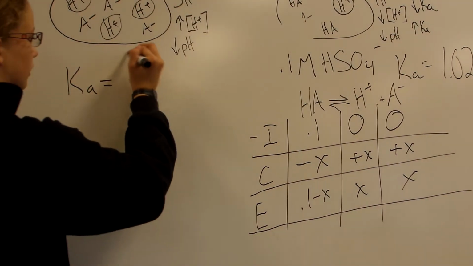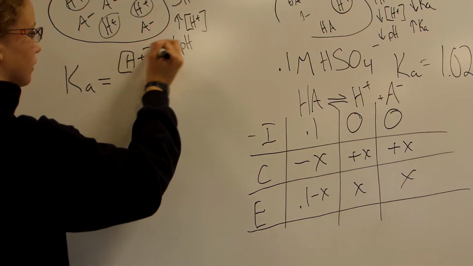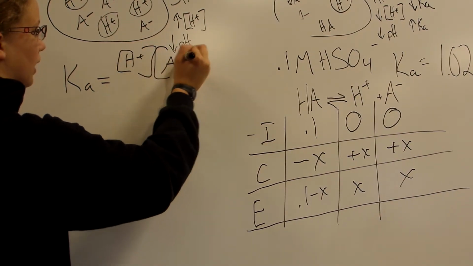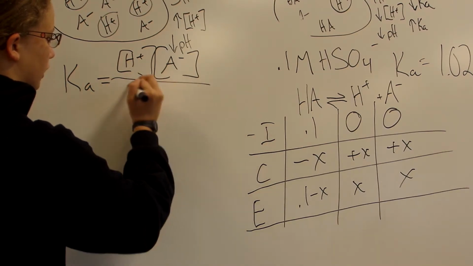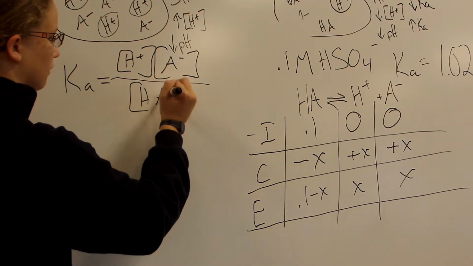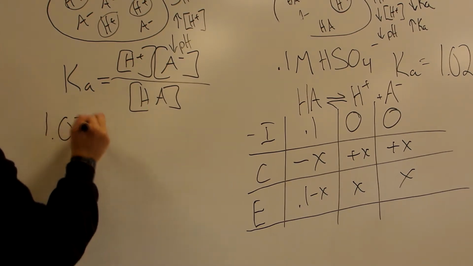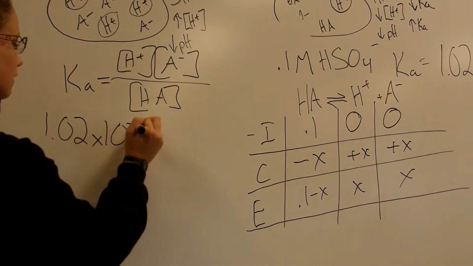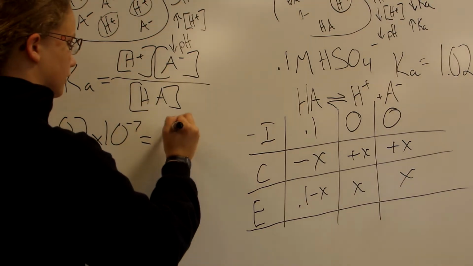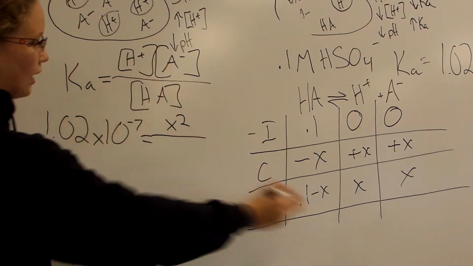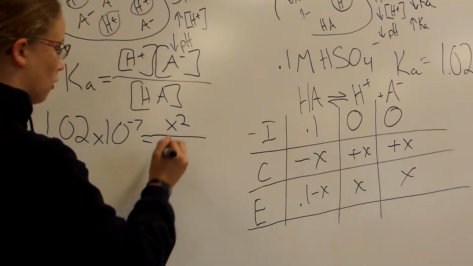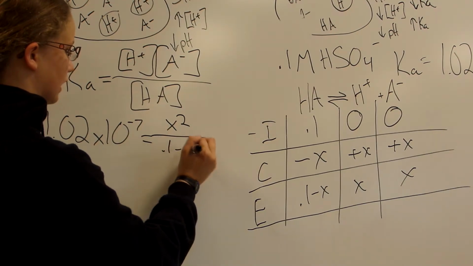So our Ka is going to be equal to the concentration of H plus and the concentration of A minus over the concentration of HA. So if we put that in, that's going to be 1.02 times 10 to the negative 7 is equal to x times x over 0.1 minus x.